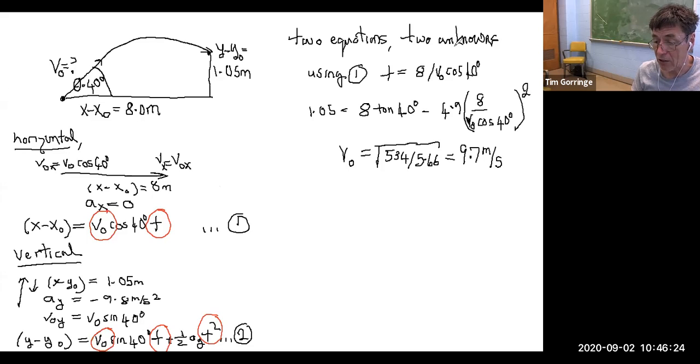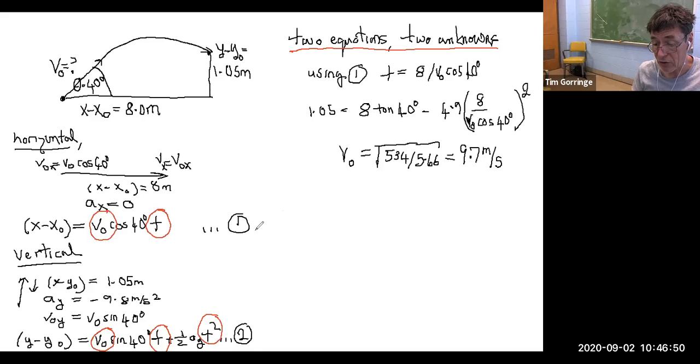And so what we had to do was this last, more mathematical step over here. We had to combine together the two equations to eliminate the unknown time and just leave behind the unknown velocity. And so that's what I did in this little step here.